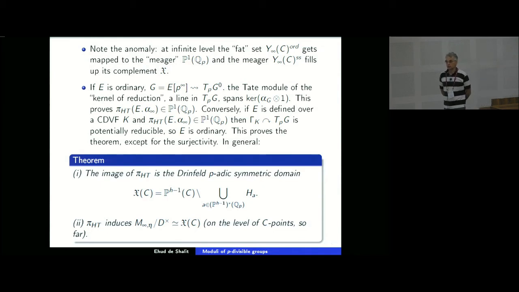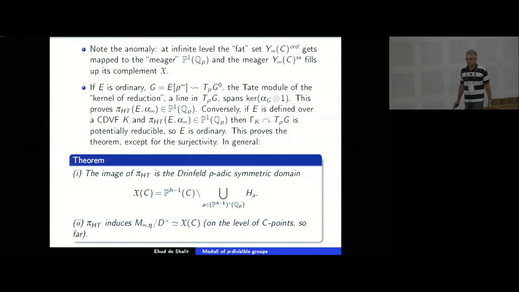And let me remind you, if you have not seen it, at least on the level of C points, this is what you get from the C points of projective space of dimension h-1 when you delete all the QP rational hyperplanes. So not just QP rational points, as we did when h was 2, but in general you must delete all the QP rational hyperplanes. This is some rigid analytic open set on which GLHQP acts and is very interesting.